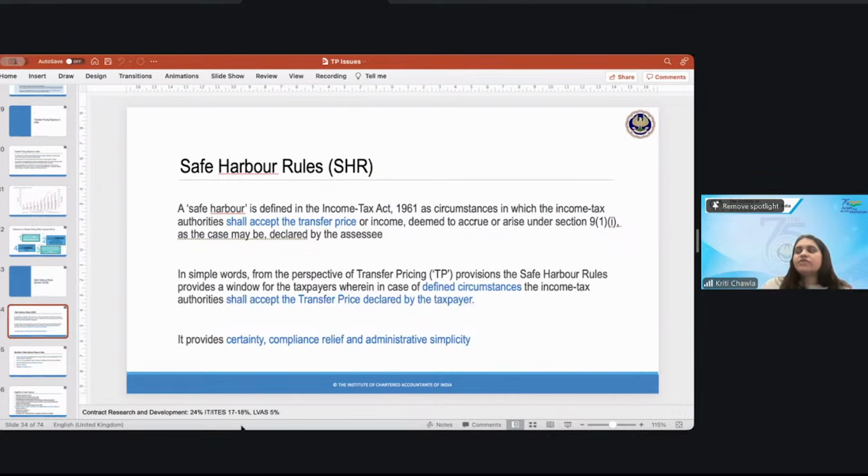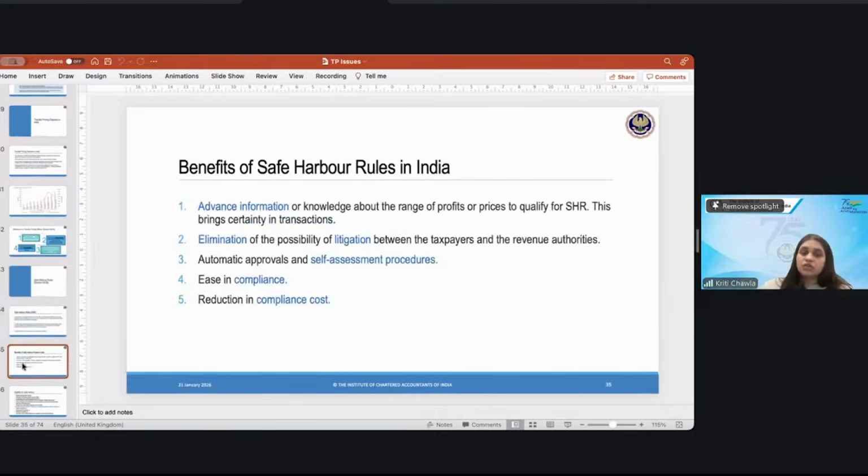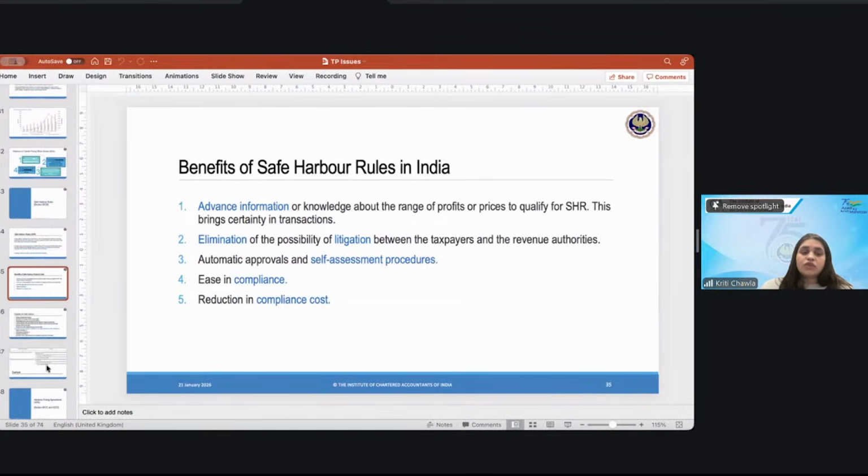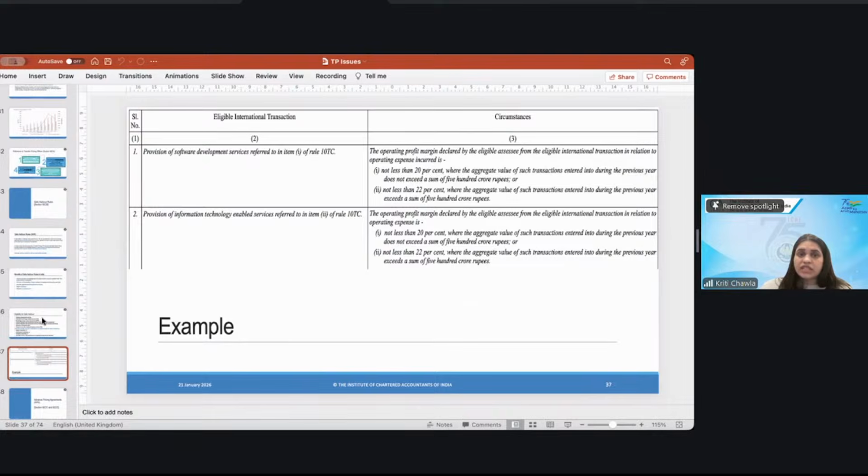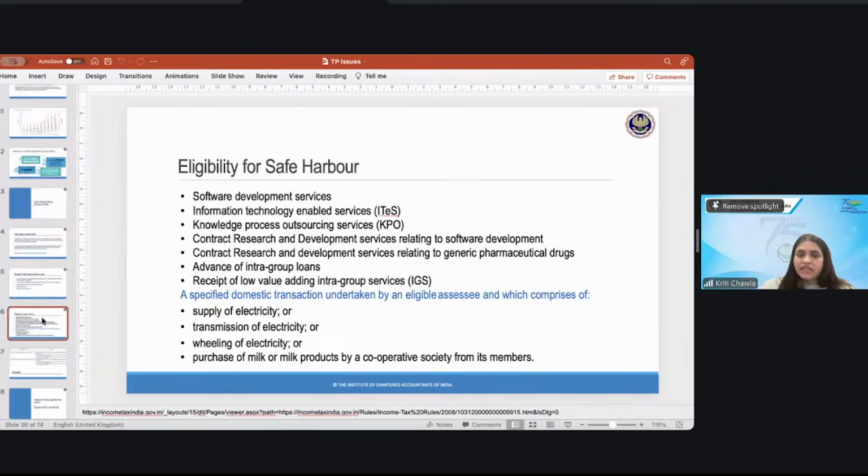There is a lot of relief, there is a lot of certainty that if this kind of margin is earned by the taxpayer, there will be no litigation going forward with respect to at least the margin which is provided right there. So those are safe harbor rules. These are some of the benefits of safe harbor rules that I've provided here.